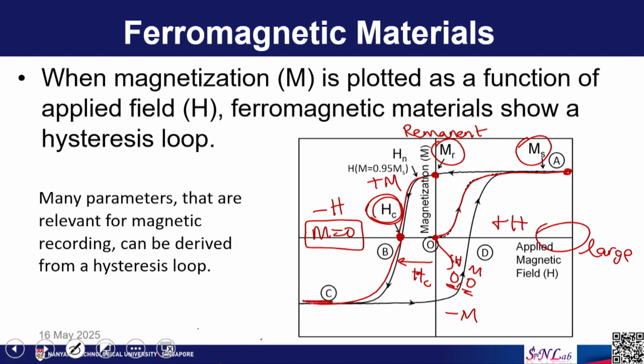So the magnetization saturates again. This value and this value are the same, but of different sign. Either you call this saturation magnetization or call this saturation magnetization. This will be symmetric.